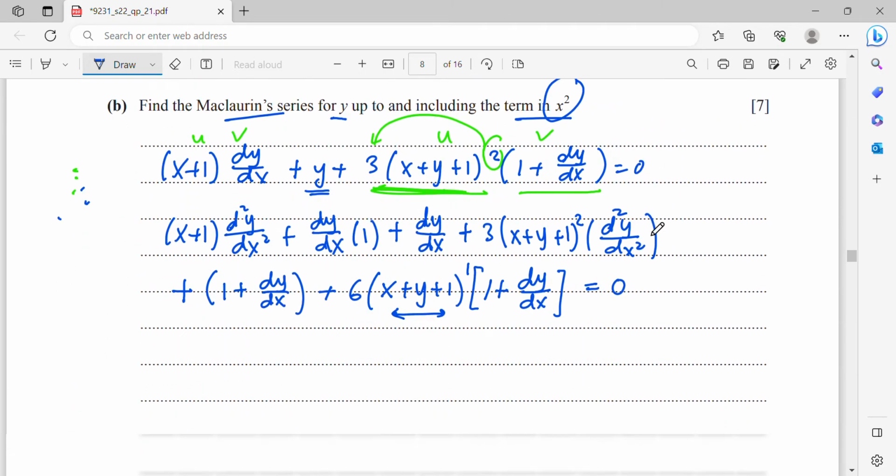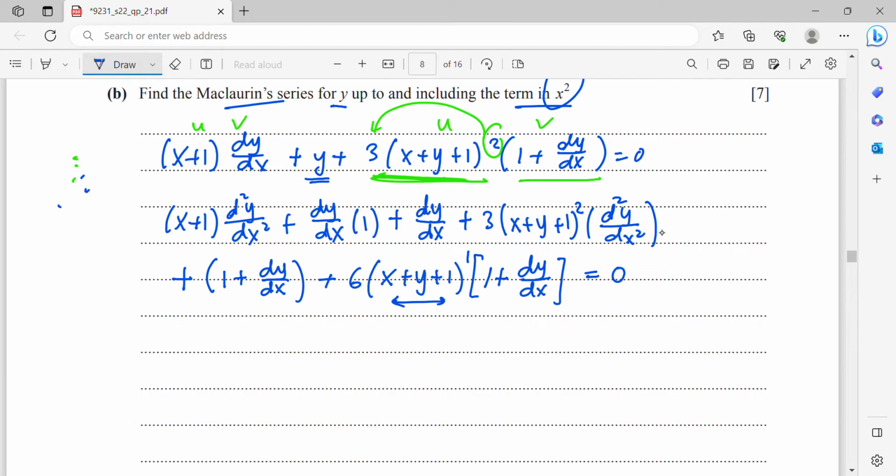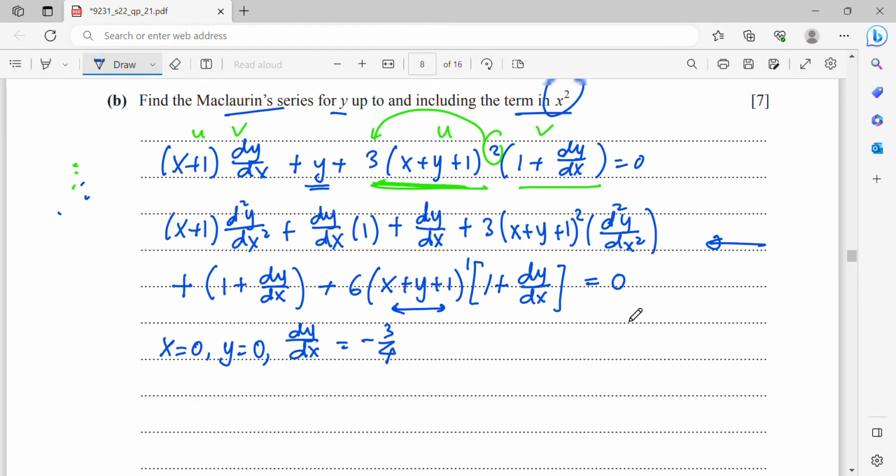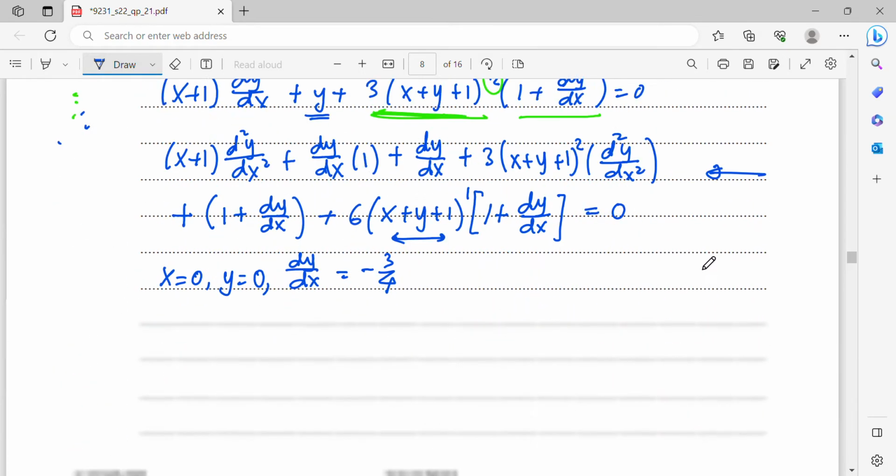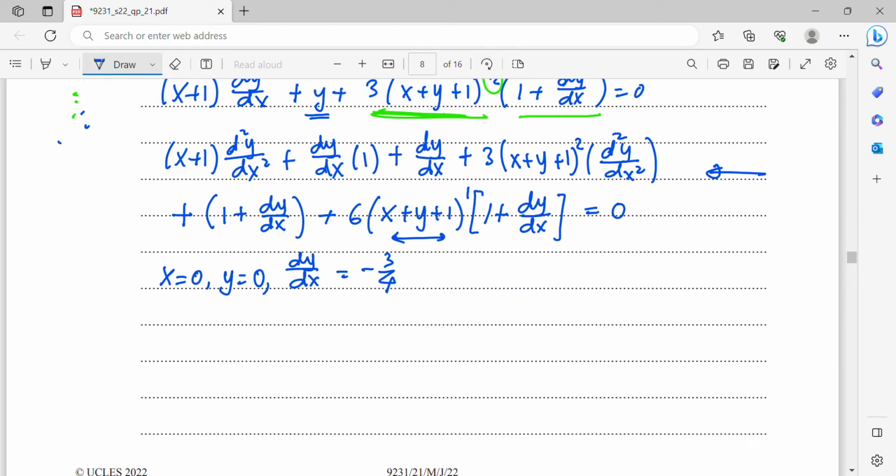Okay, so now I need to find what is my d squared y over dx squared in this whole expression. So my x equals to 0, y equals to 0, my dy dx is negative 3 over 4 from the previous solution. So now you replace all these values into this equation.